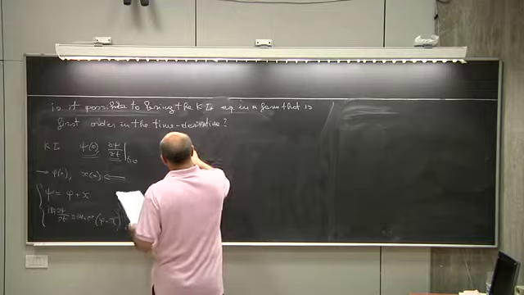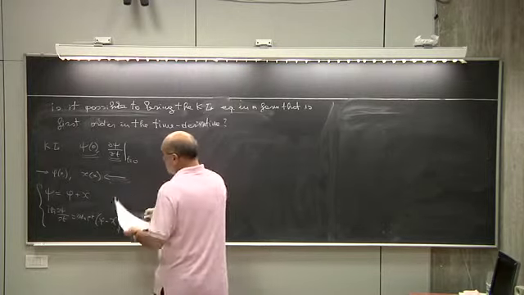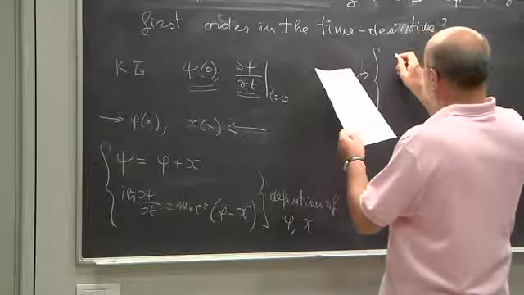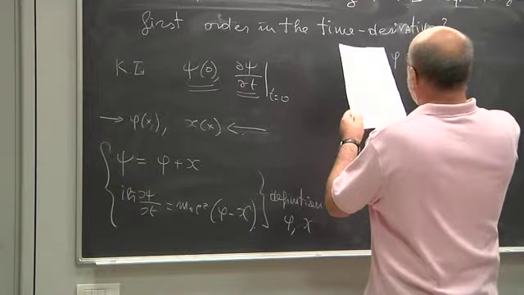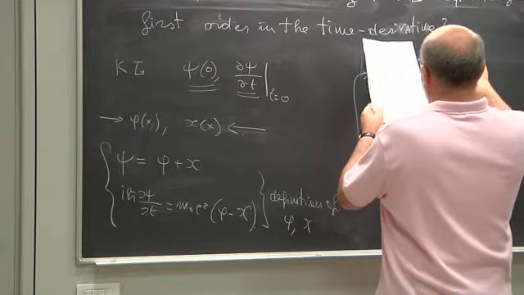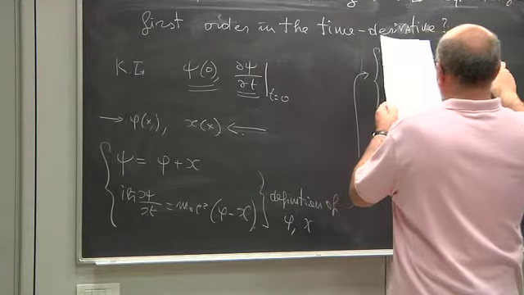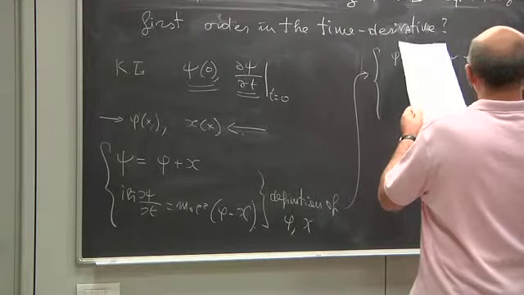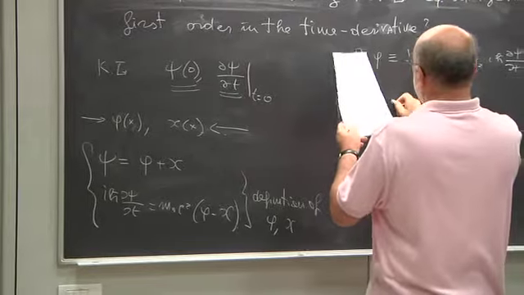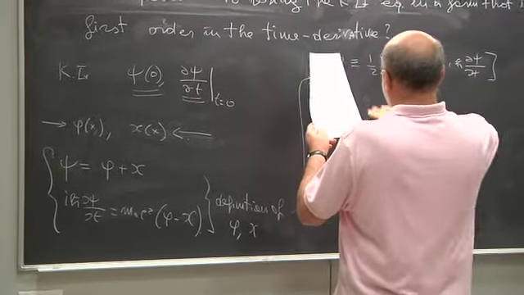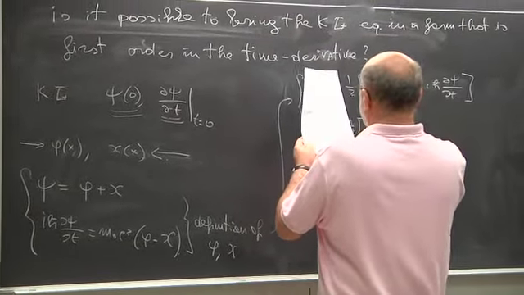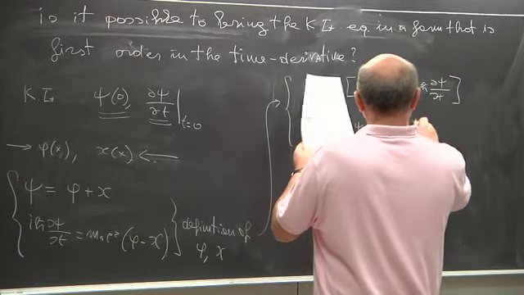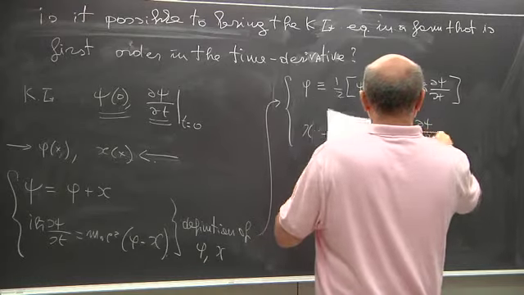This is a definition because it's easy to see that if you do the sum and the difference between these two, multiplied by a proper factor, you get that phi is defined as 1/2 of (psi plus 1 over m0 c squared times i h bar d psi dt), and chi is defined as 1/2 of (psi minus 1 over m0 c squared times i h bar d psi dt).